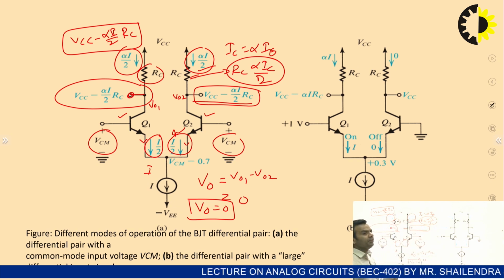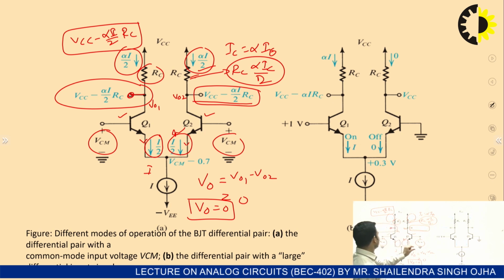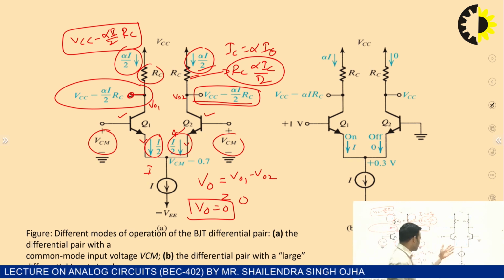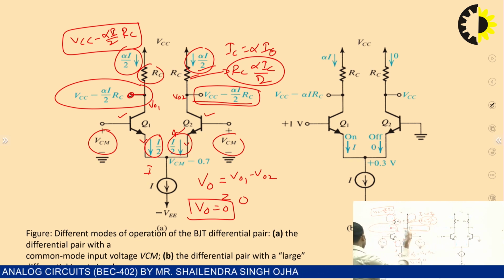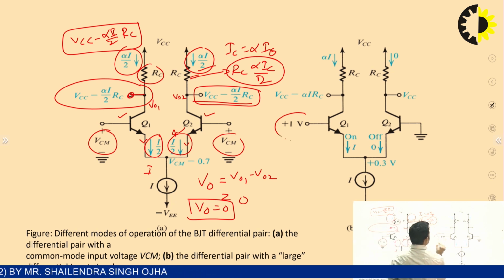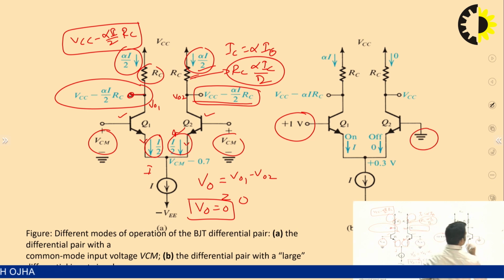And for the amplification of signal, we will never apply same signal to both the inputs. We will apply in this way. Actually, this is the differential pair with large differential input. Let us consider we are applying some voltage at this transistor and this input is 0.